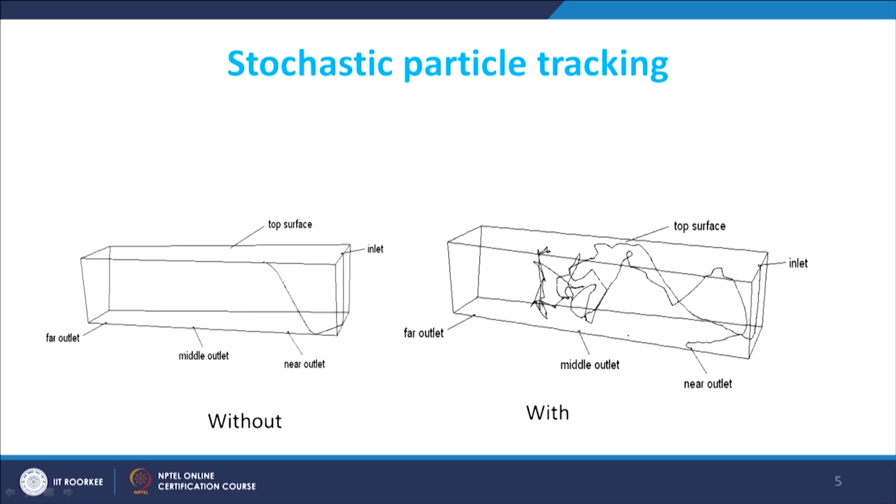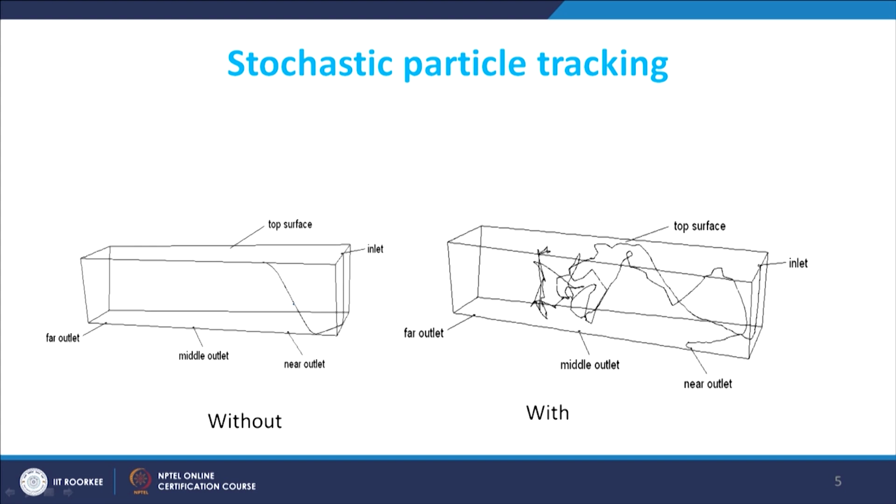What I was telling is that when you use stochastic particle tracking, what has been seen is this. Without the stochastic particle tracking method, the particle comes and hits the bottom wall, and then it goes to the top surface, where the condition is that it will go and get stuck.